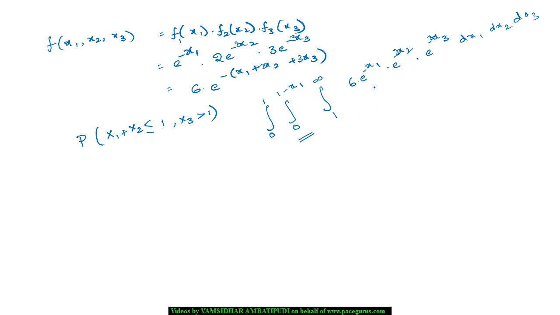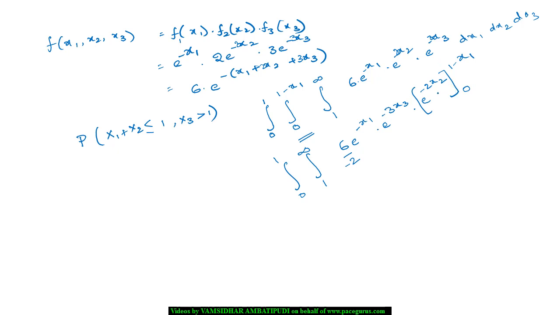So it becomes the integral from 0 to 1, and 1 to infinity, of 6 e power minus x1, e power minus 3x3, and e power minus 2x2 divided by minus 2, integrated between 1 minus x1 and 0.